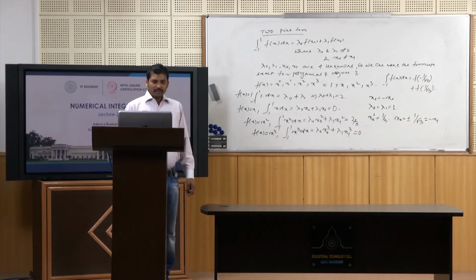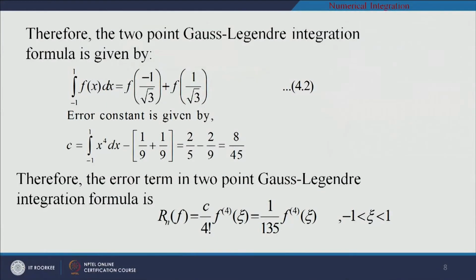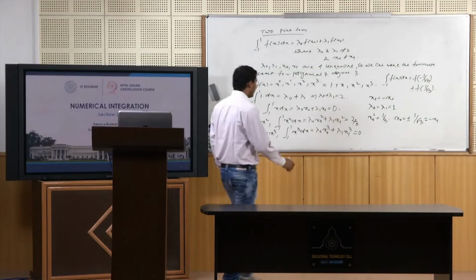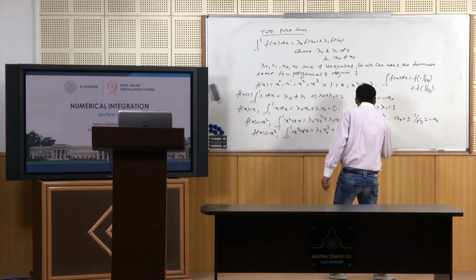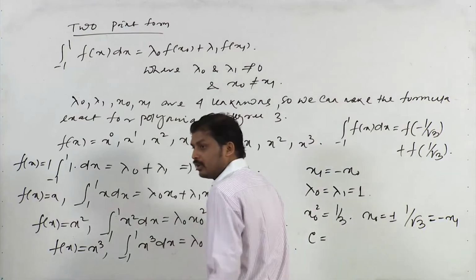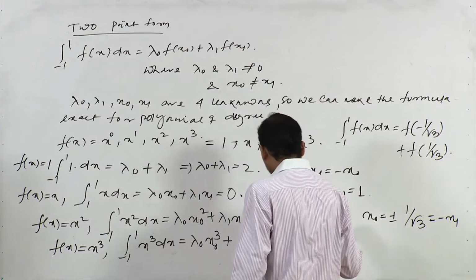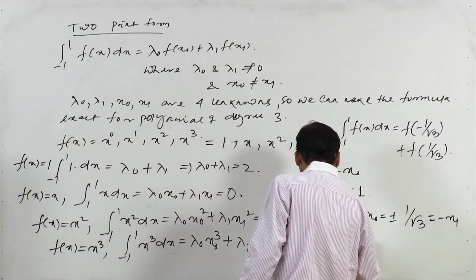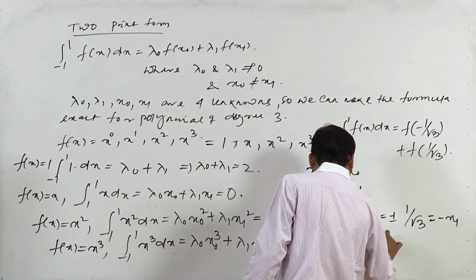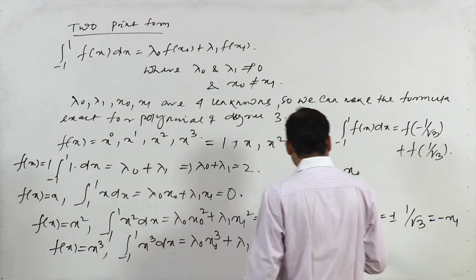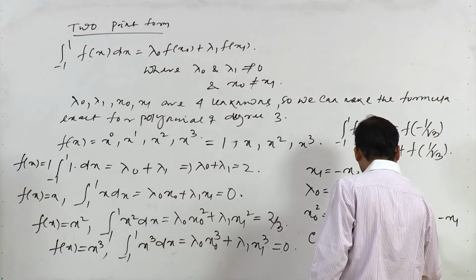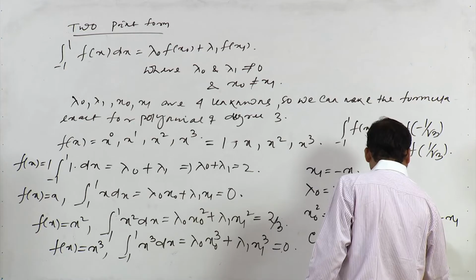If we go for this error constant here, the error can be written in the form of c equals the integral from minus 1 to 1 of x to the power 4 dx minus, if we consider these functional values, 1 by 3 plus 1 by 3 here.